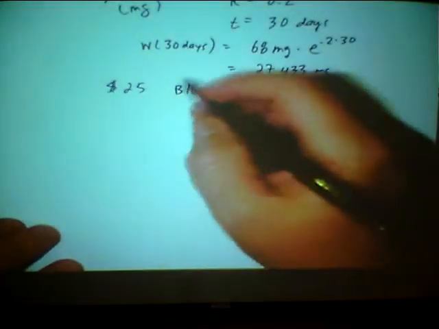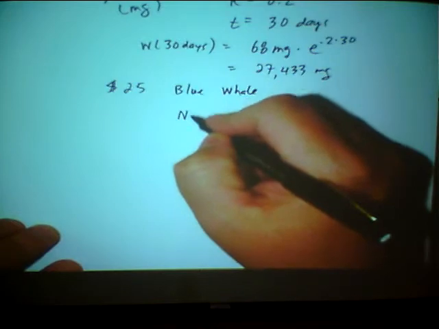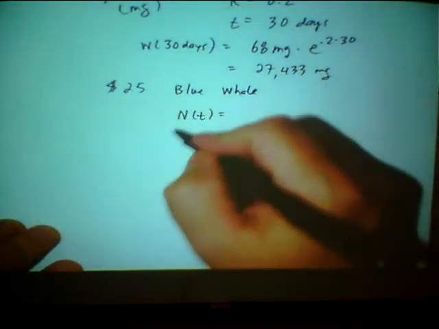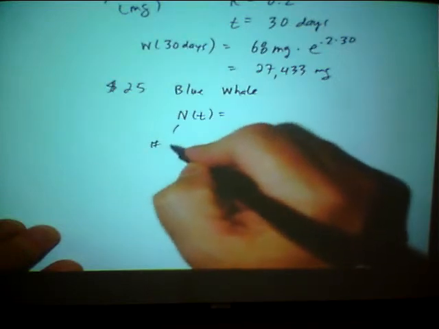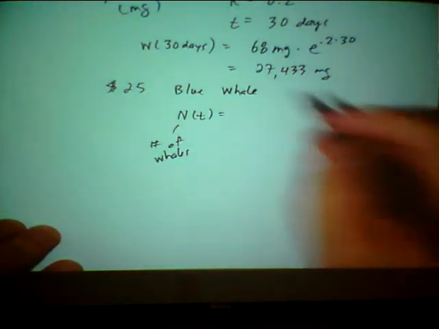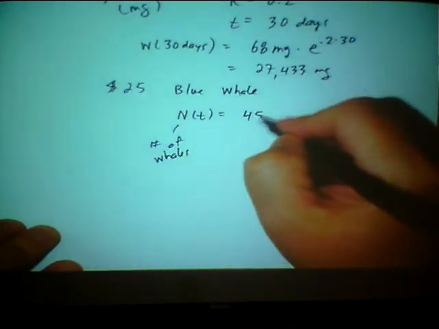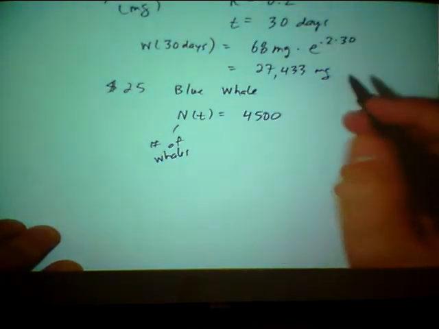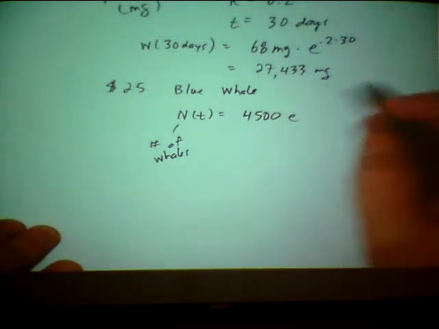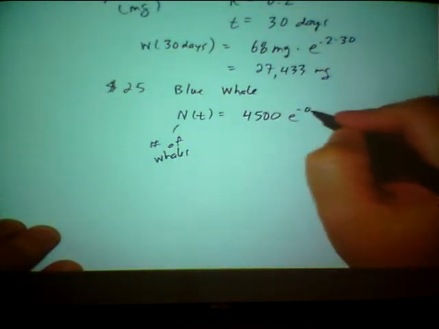So they're trying to calculate the number of whales that are left, and they have this equation they're going to use. N of t, where N is the number of whales, equals 4,500 e to the negative 0.1345 times t. Now this is a nasty looking number.